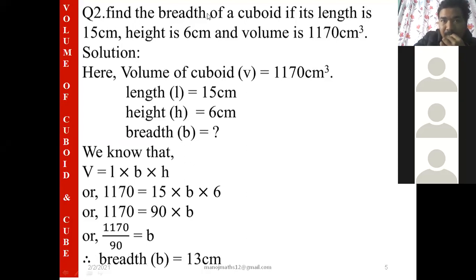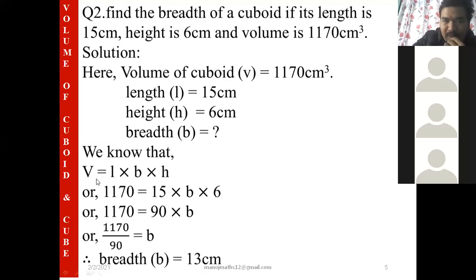Find the breadth of a cuboid if its length is 15 centimeter, height is 6 centimeter, and volume is 1170 centimeter cube. This question was the same, but the missing value is breadth. That is the only difference.